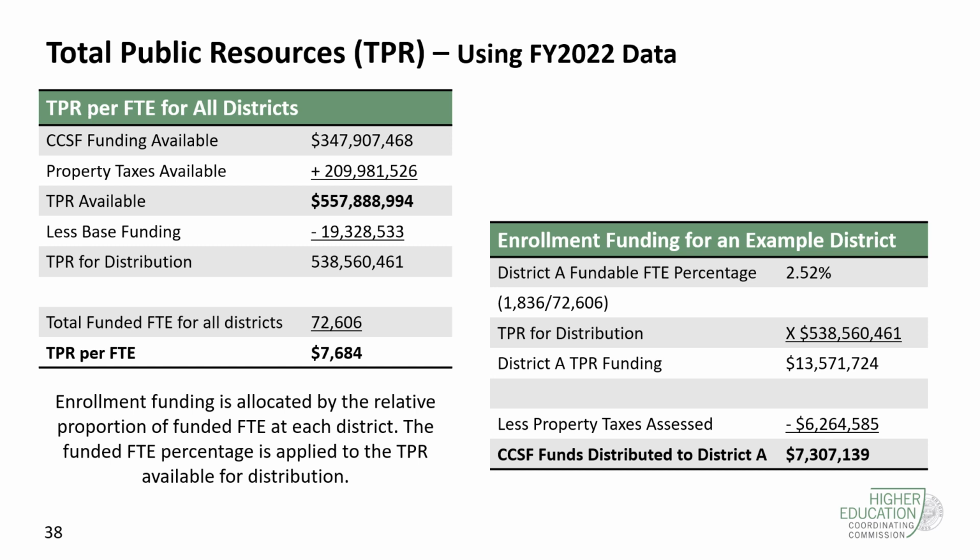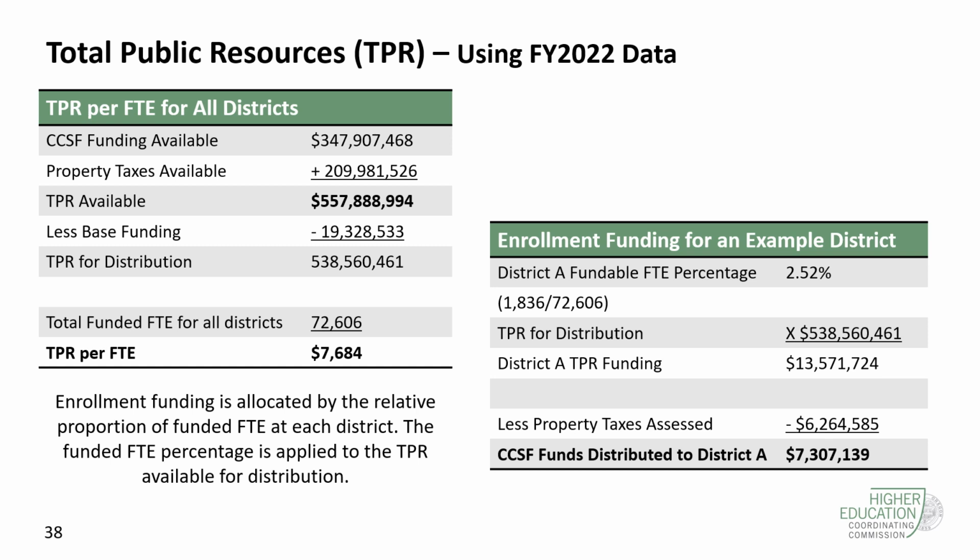You add those together and you have $557 million available for distribution. So then we subtract from that the base funding amount. So in this case, 19.3 million is the total amount of all 17 colleges, all 17 of their base payments. You add it together, it's 19.3 million. So when you subtract that from the available funding of 557, you get 538.5 remaining.